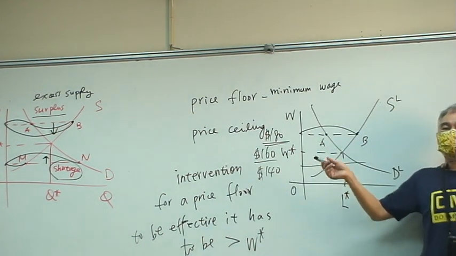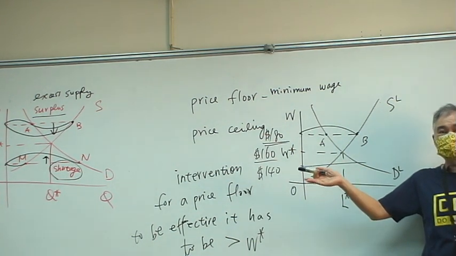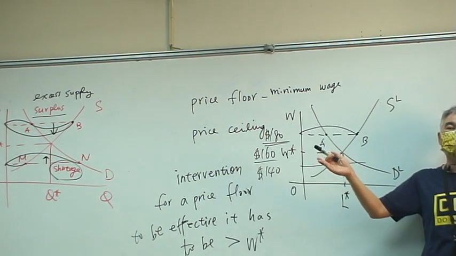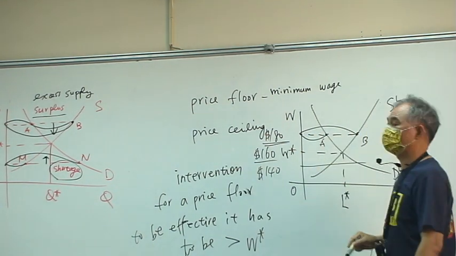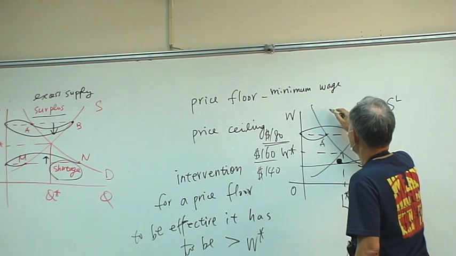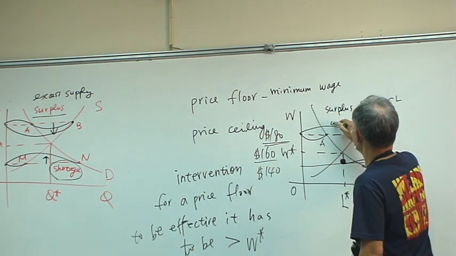But because this price is so high, the employers, that's your boss, say this is too expensive. I don't want to hire that many people. And so here is the quantity demanded. So what happened? You have a surplus of labor.